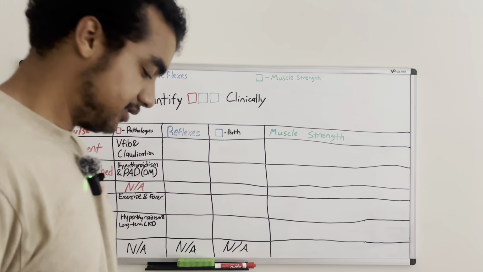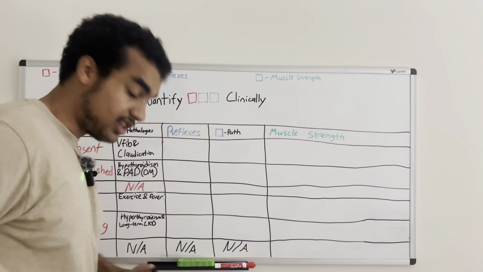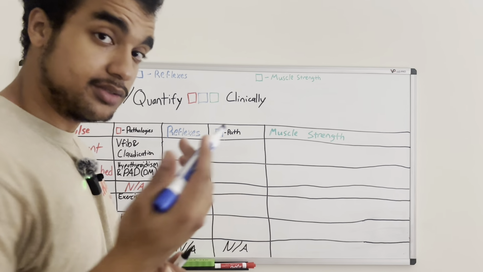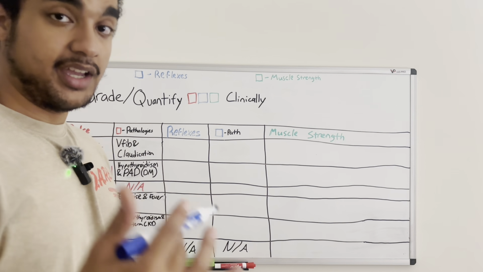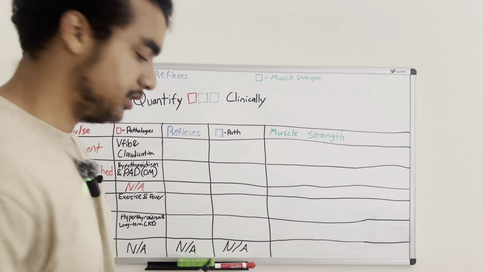Time to move on to reflexes. So reflexes, grades 0 through 3, are going to be the same as pulse, and 4 is going to be a little bit different.